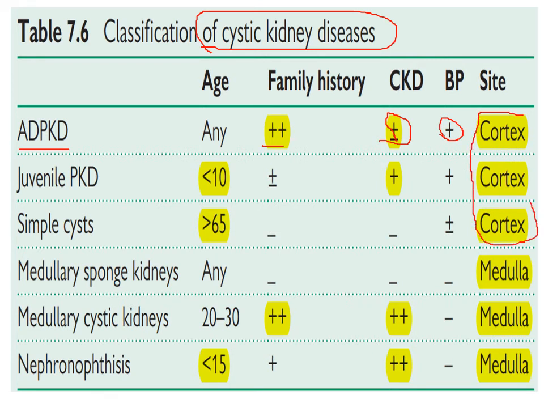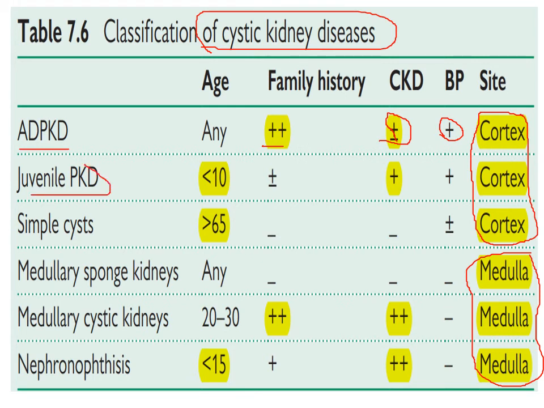The first three have cysts mainly in the cortex, while the others have them mainly in the medulla. So usually it leads to CKD and end stage, and hypertension is usually present.